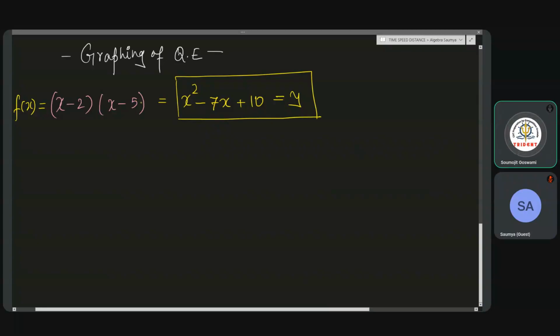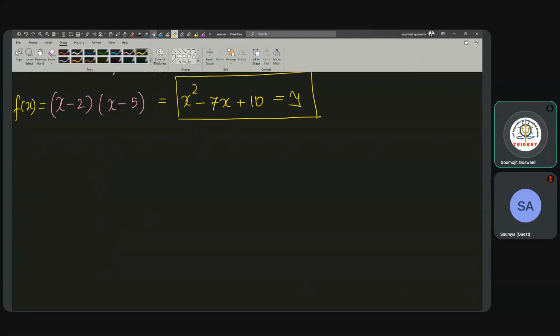Okay, now we are going to plot it. So how do we plot it? Let me use a different coordinate axis.